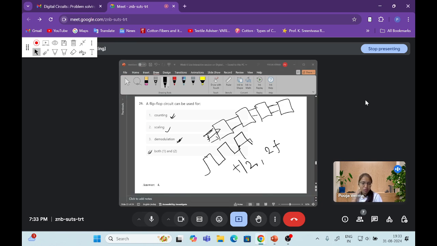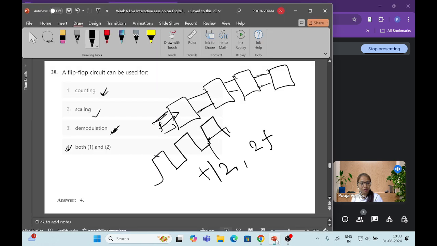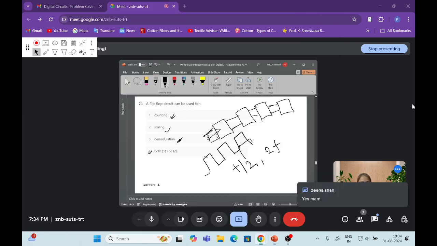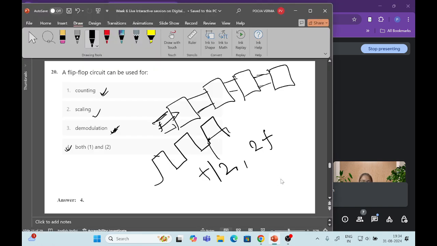Scaling means increasing or decreasing any value. Have you understood? Yes, ma'am. It will always be by 2, 4, 8, like that. Yeah, 2, 4, 8, like that only.